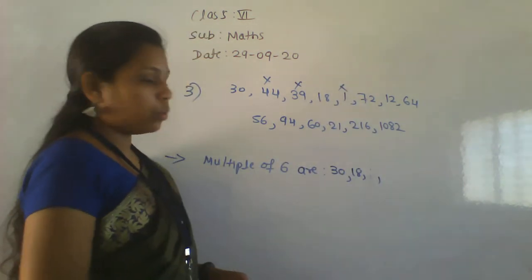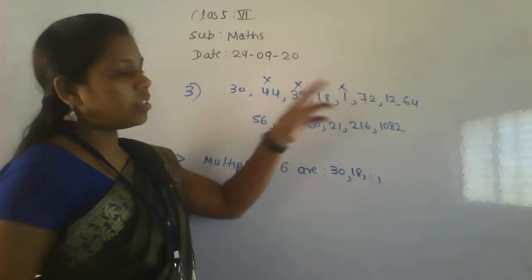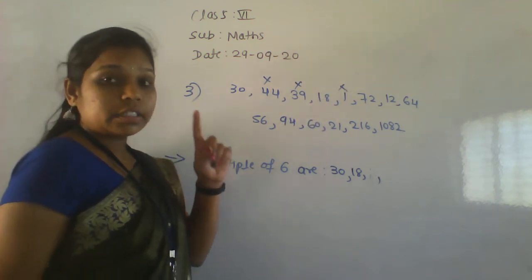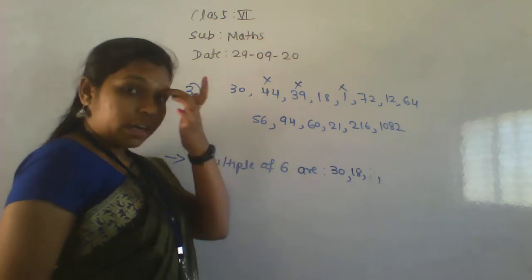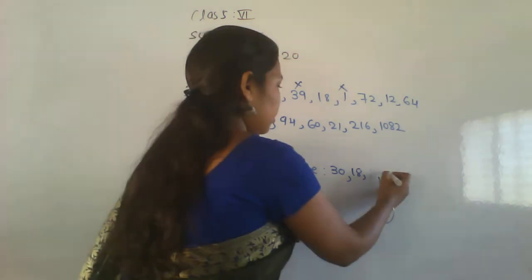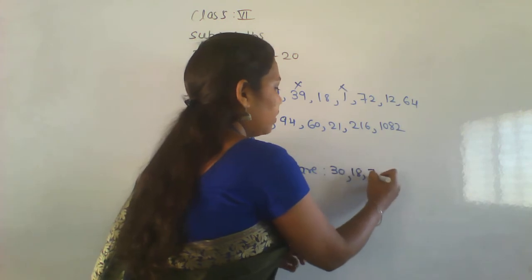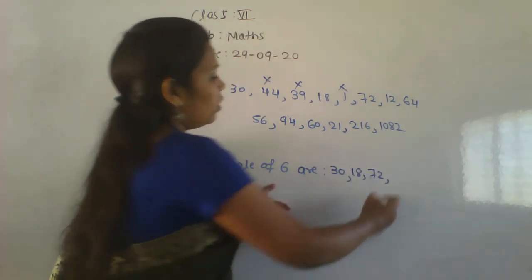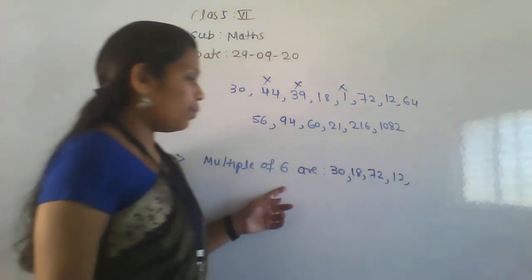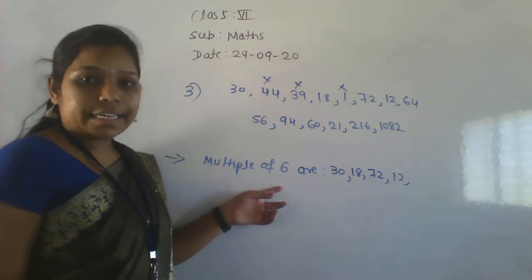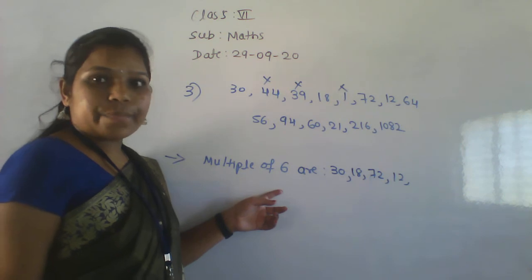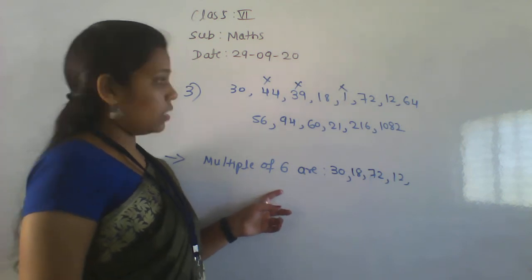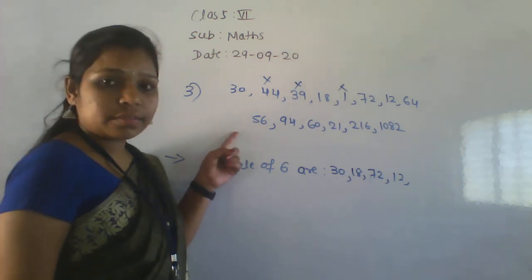Okay, next 72. 72 means 6 ones are 6, 1 left, and 6 twos are 12. Yes, it is a multiple of 6. Next 12. Yes. 64, 6 eights are... no, it is not a multiple of 6. 56.